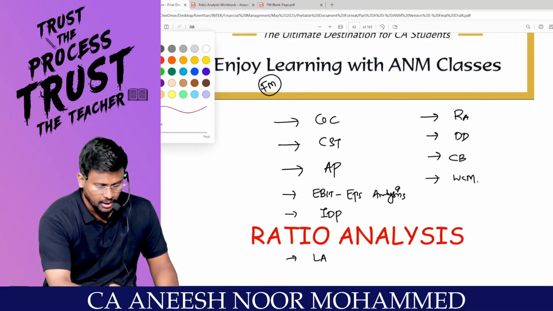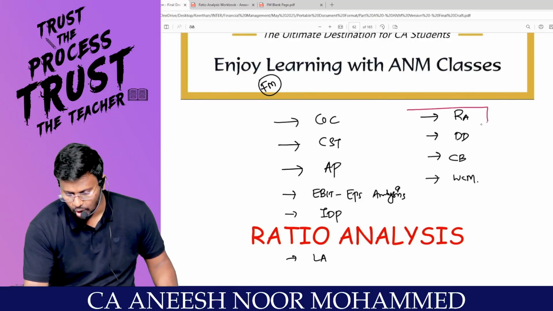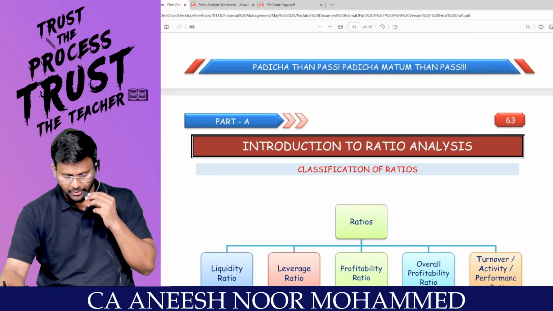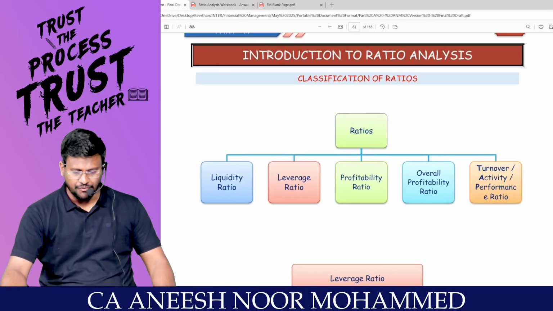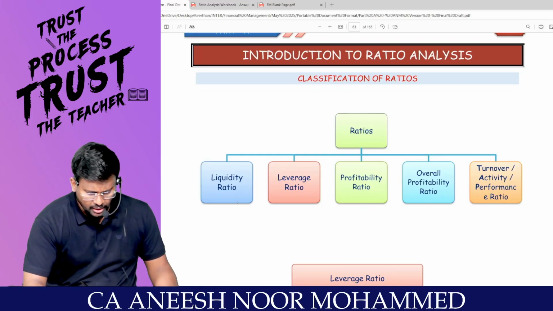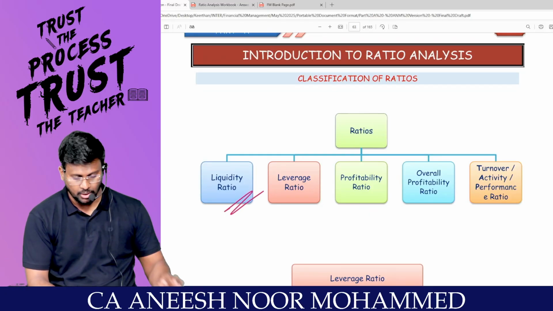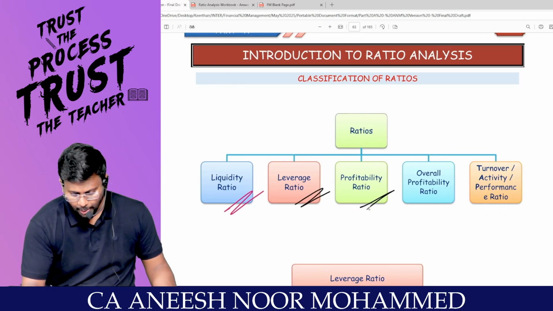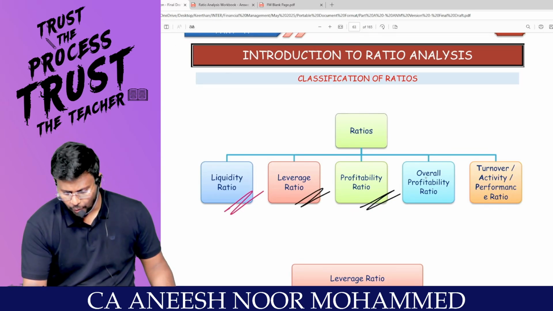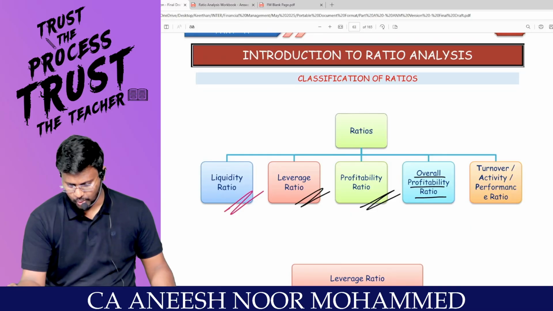In today's session, we are going to knock off ratio analysis. The chapter ratio analysis is classified into 5 categories. Number 1, liquidity ratio. Number 2, leverage ratio. Number 3, profitability ratio. Number 4, overall profitability ratio.